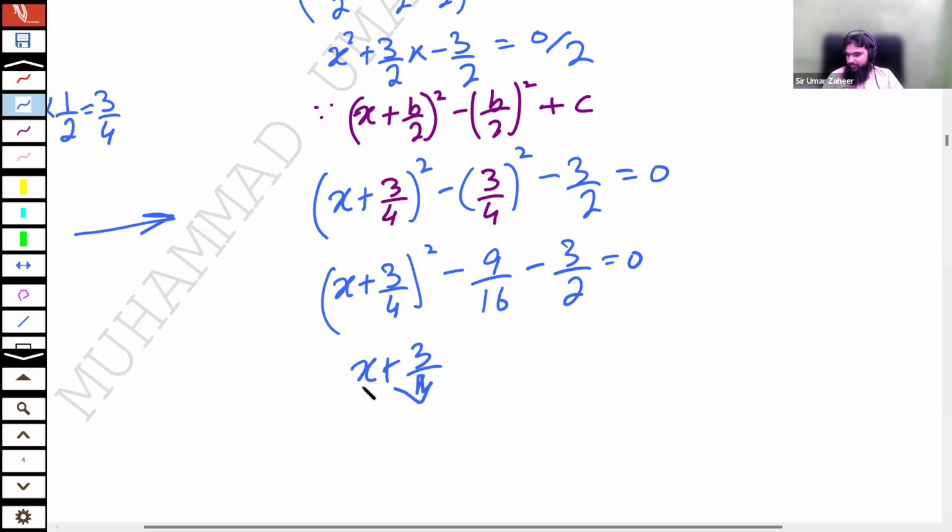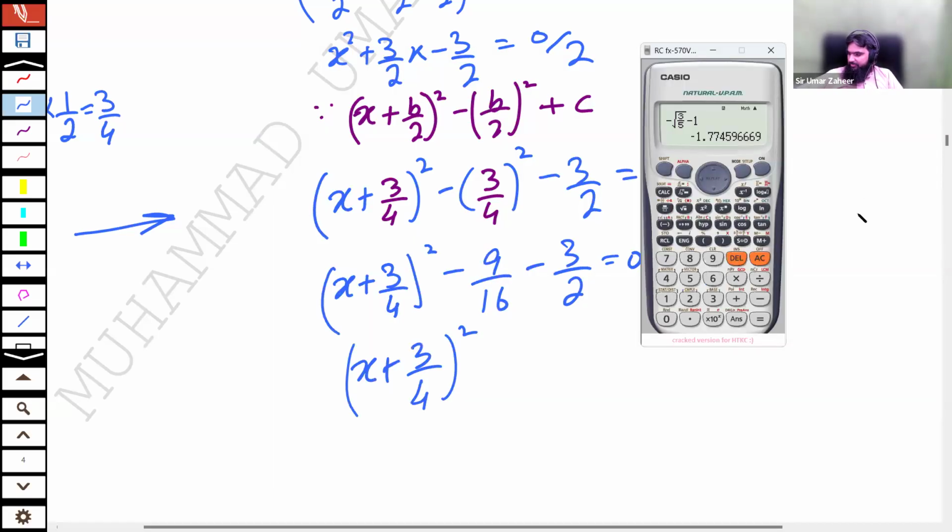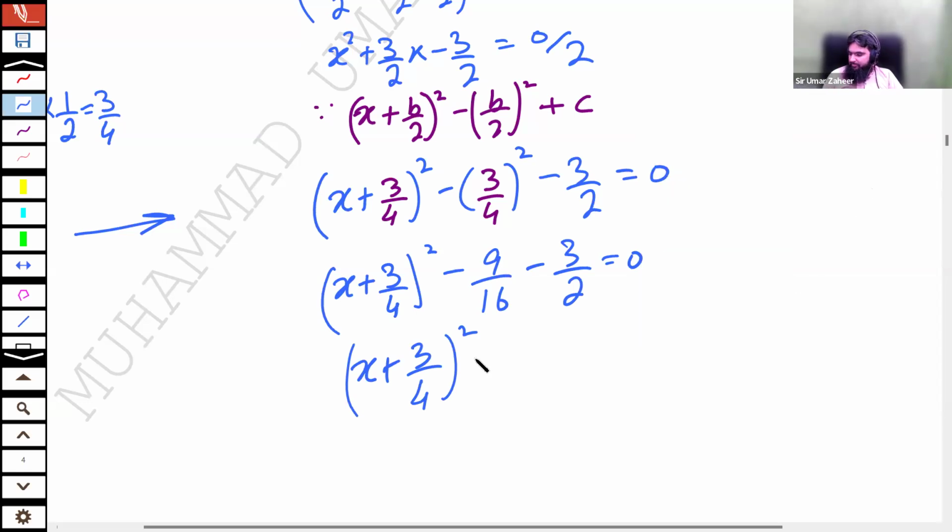x plus 3 over 4 whole square. I'm using the calculator for calculation right now. We have 9 divided by 16 minus 3 divided by 2, which gives minus 33 over 16.